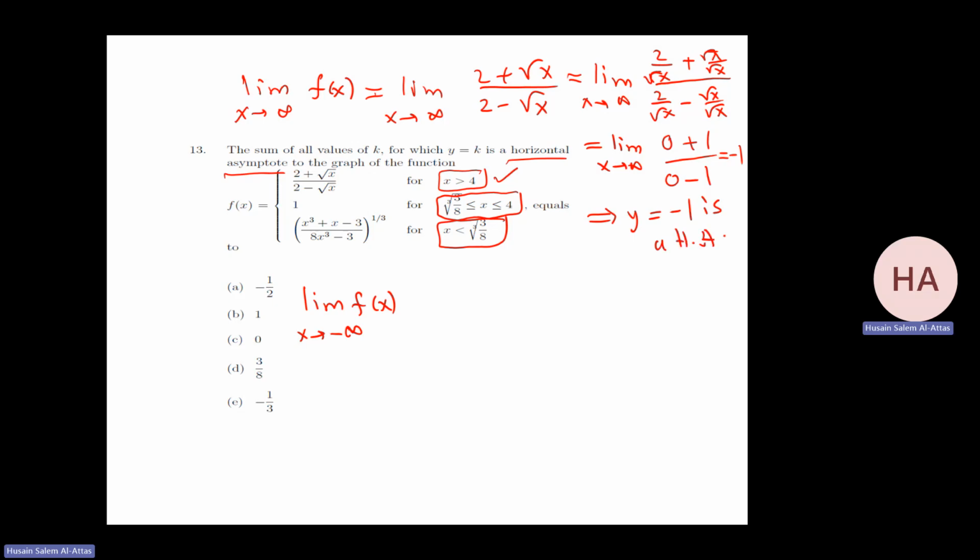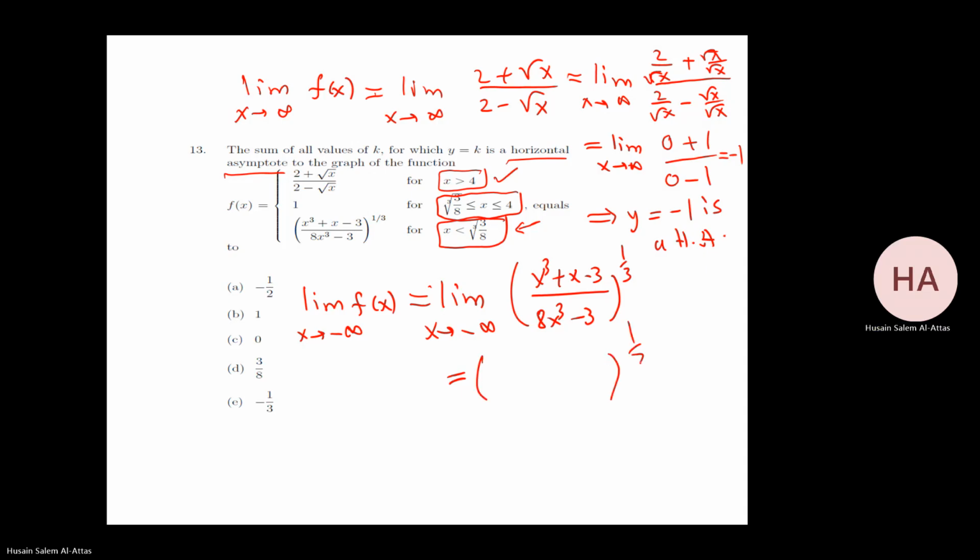Now when I deal with x goes to minus infinity, I need what? I need this, since minus infinity is there. So that will be the limit as x goes to minus infinity of this function. The power 1 over 3, I can take the limit inside, since the cube root is a continuous function.